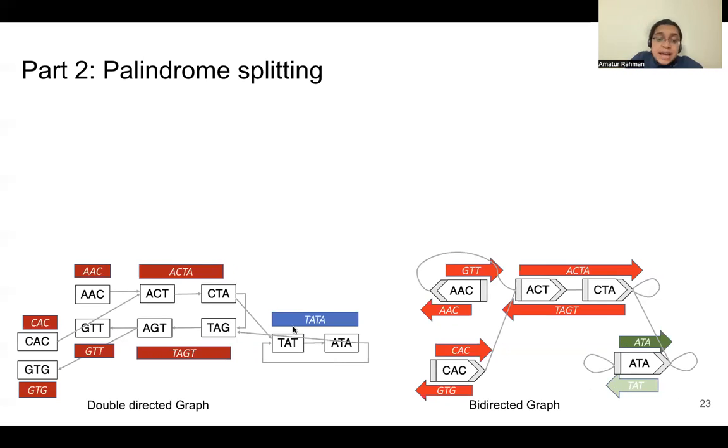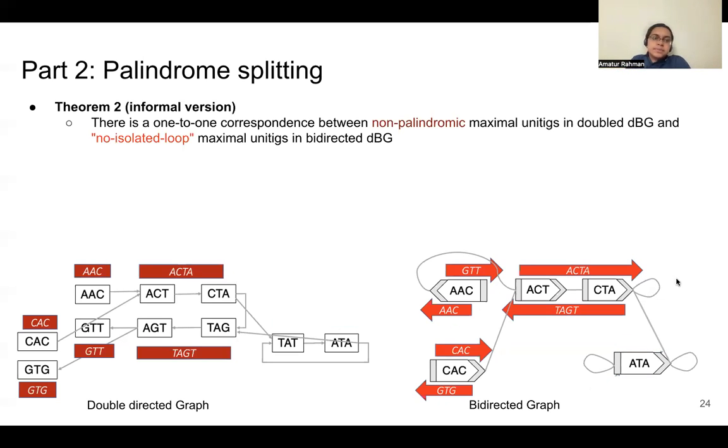And we also note that TAT is a palindromic Unitig. So we can kind of observe that when there is a palindromic Unitig, it's going to be split into 2 halves. And we proved that formally in this theorem 2, where we established the relationship between bidirected graph and double-directed graph maximal Unitigs.